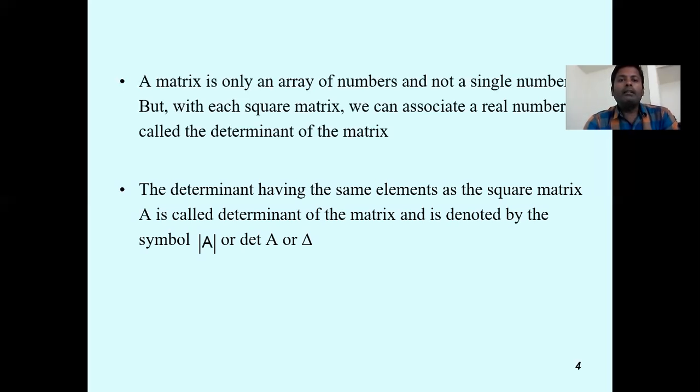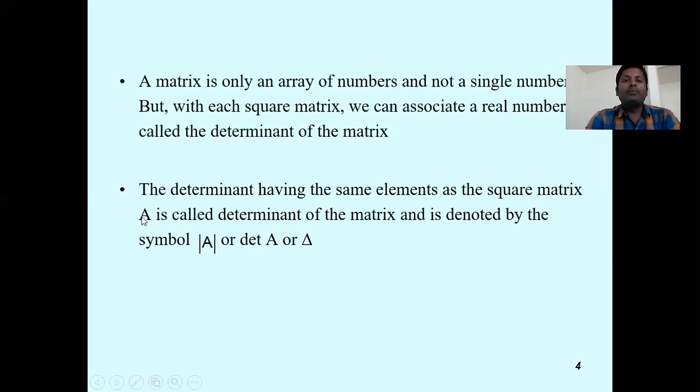The determinant having the same elements as the square matrix A is called the determinant of the matrix and is denoted by the symbol determinant of A, or det of A, or delta. Both are the same; both denote the determinant of the square matrix.